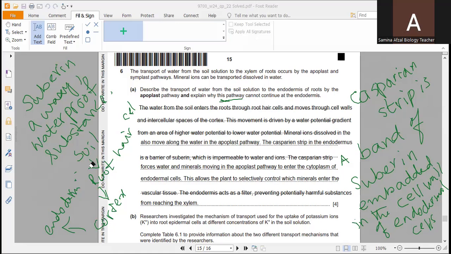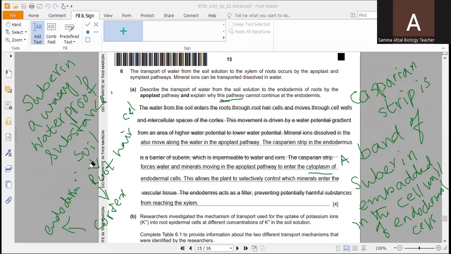The Casparian strip in the endodermis is a barrier of suberin. Suberin is a waxy waterproof substance which does not allow the water to move through. So this allows the plant to selectively control which minerals enter, forcing the pathway into the cytoplasm of the endodermal cell. At that time, the water moves through the cytoplasm instead of through the cell wall because of the presence of these Casparian strips having suberin inside.